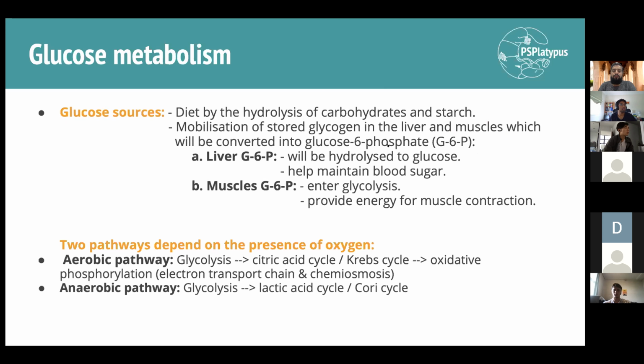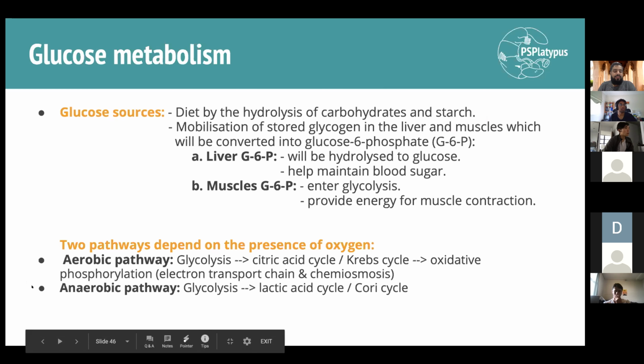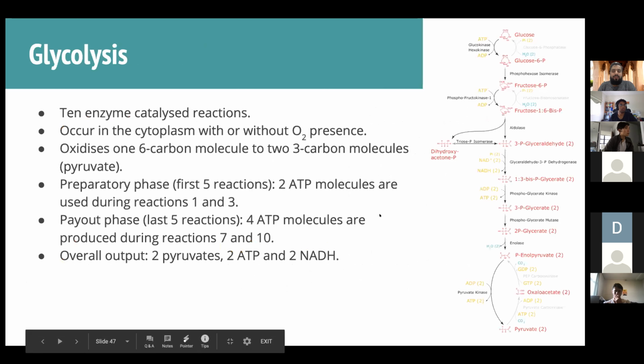In the liver, it will be used to maintain the blood sugar. However, in muscles, it can be directly used for muscle contraction. There are two pathways, depending on the presence of oxygen, aerobic pathway and anaerobic pathway. We'll talk firstly about the aerobic pathway.